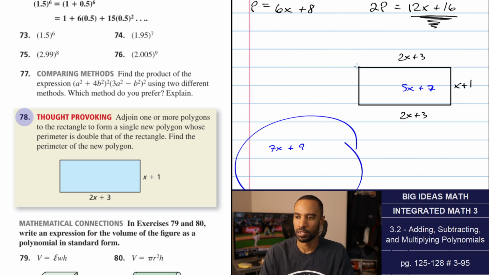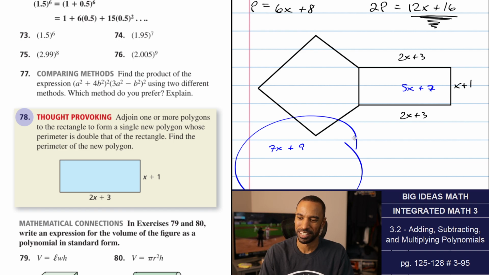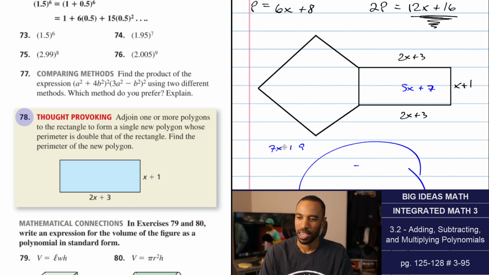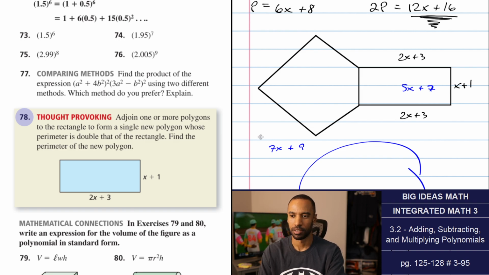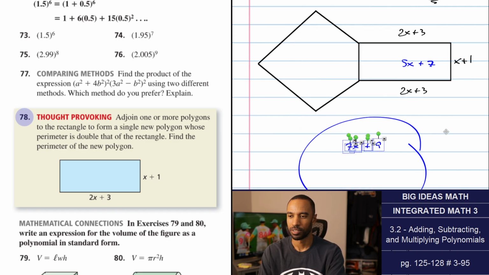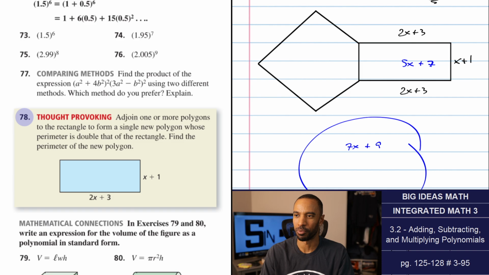Let's see. I'll at least make decent looking shapes. Let's do 1, 2, 3, and 4. And it's not going to be quite regular. I mean, it kind of looks regular. 7x plus 9. Let's see. If I do... Okay, these won't be perfect, though, right?